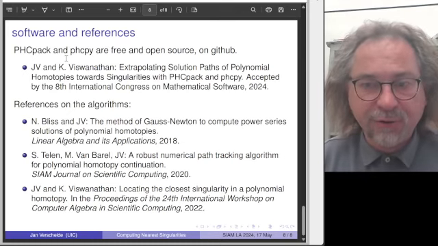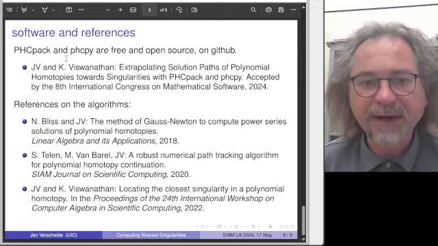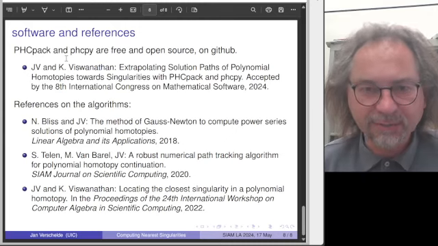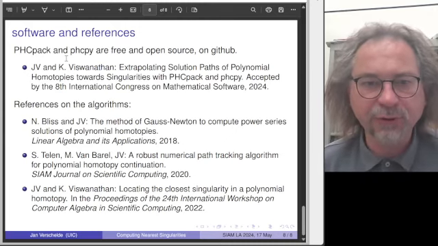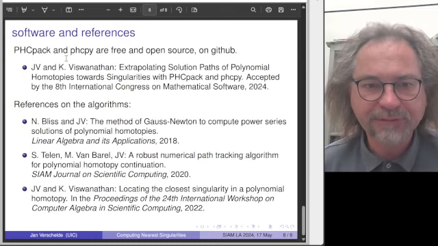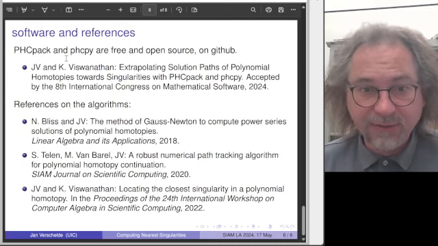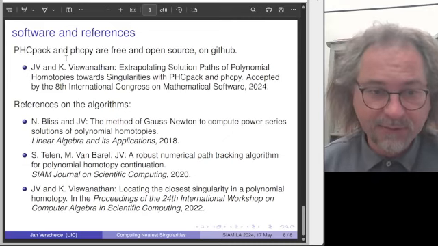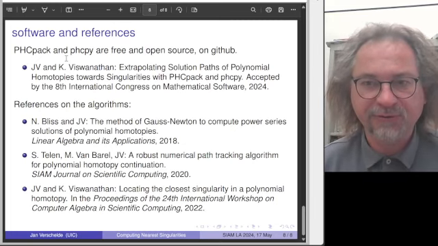I mentioned the block Toeplitz structure of the matrices. This goes back to joint work with Nathan Bliss, where we worked out the method of Gauss-Newton to compute the power series. We discovered the theorem of Fabry when, jointly with Simon Thelen and Mark van Baarle, we were making a robust numerical path tracker.